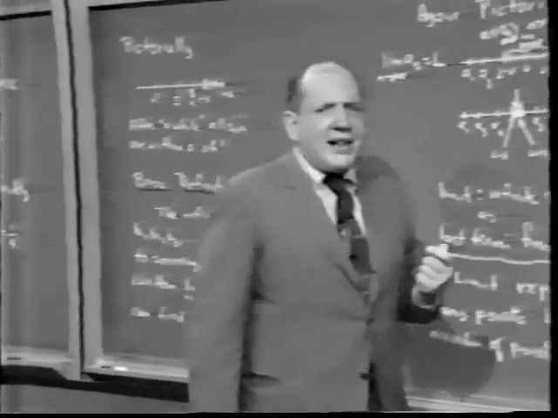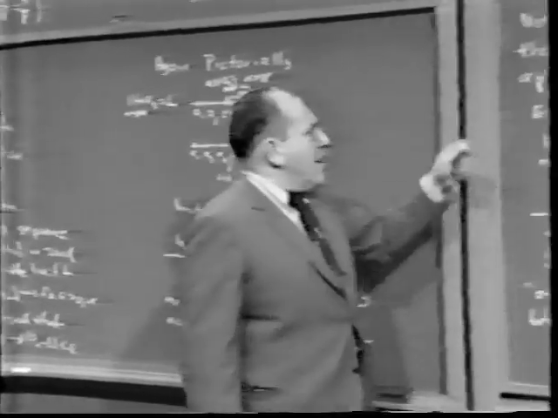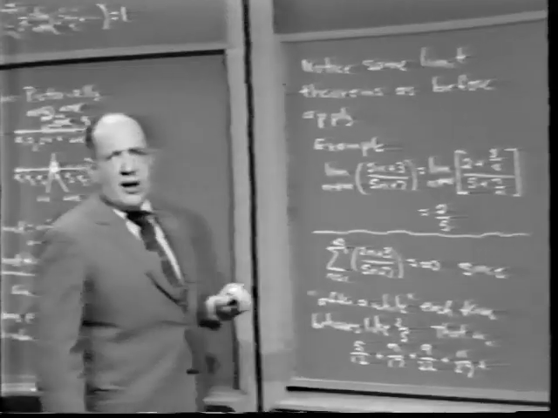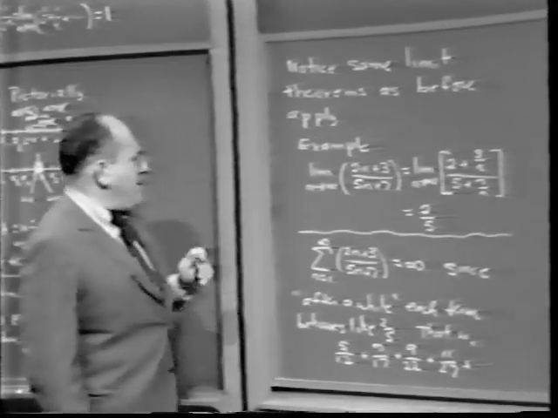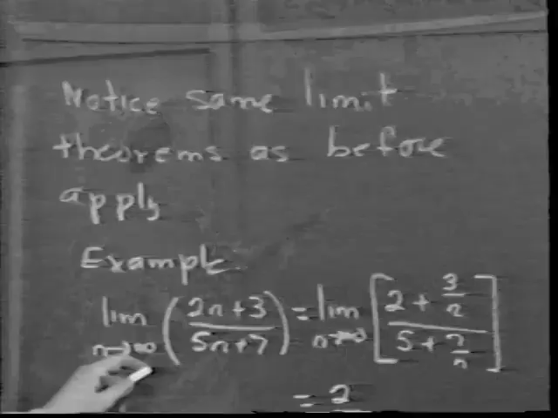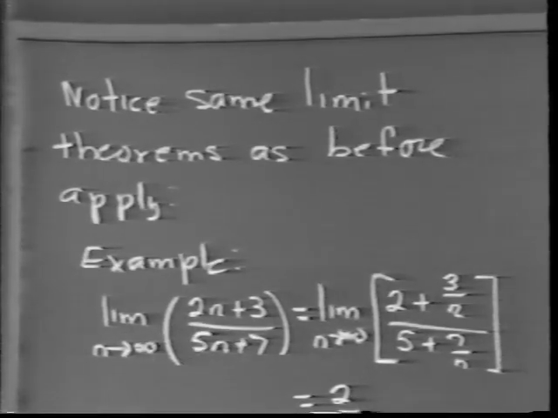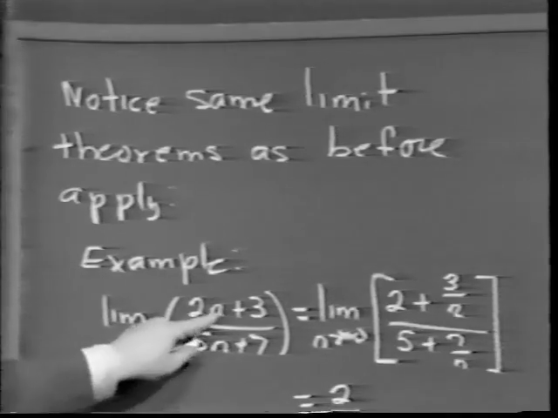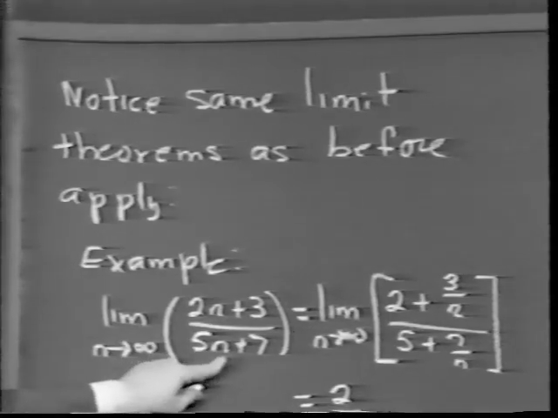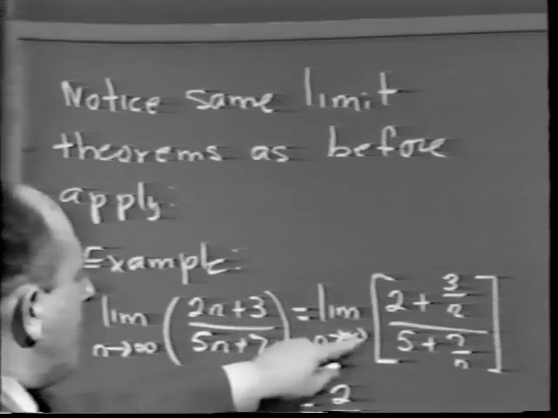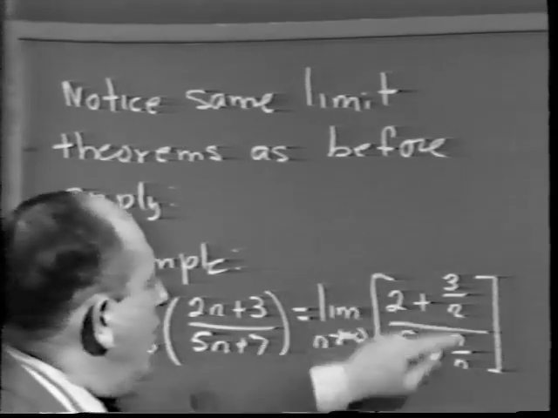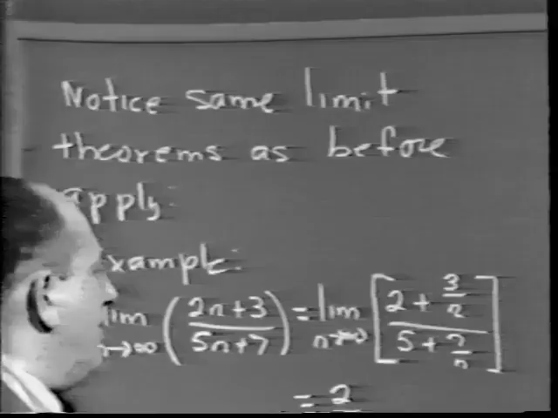So what I'm driving at is that the same limit theorems that we've been able to use up until now still apply. By means of an example, suppose I have the limit as n approaches infinity of 2n plus 3 over 5n plus 7. Notice that I can divide numerator and denominator through by n. If I do that, I have the limit as n approaches infinity of 2 plus 3 over n, over 5 plus 7 over n.